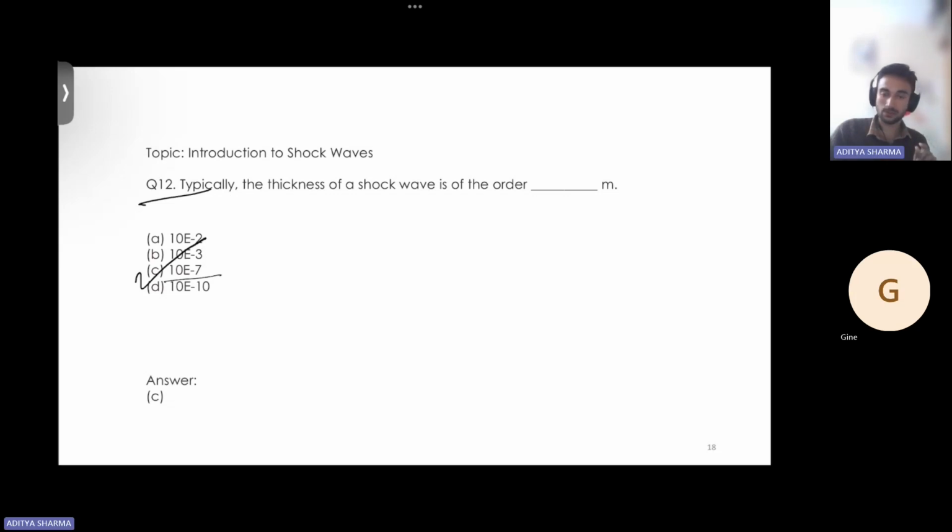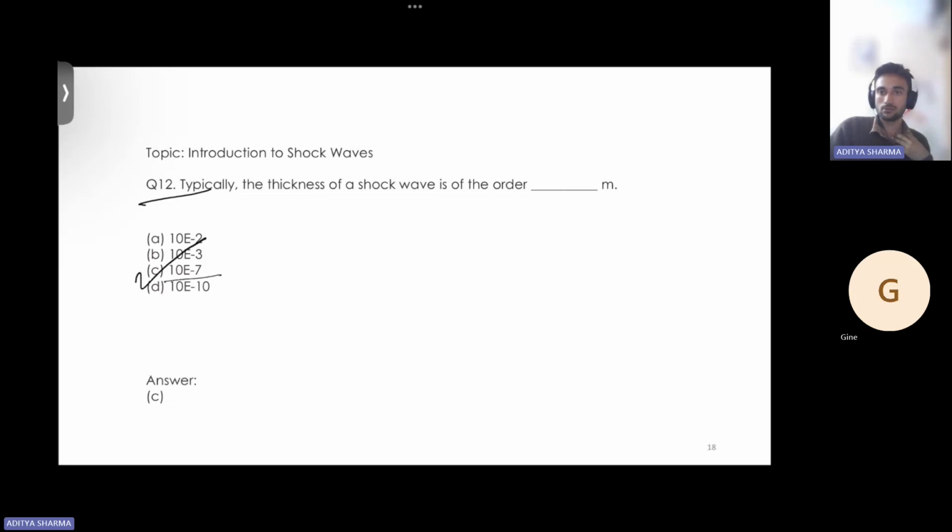Because of this region only, there are drastic flow property changes, and how do they further affect the objects linked to these shock waves? When we see the aerodynamics of supersonic vehicles, how do these flow properties come into the picture?